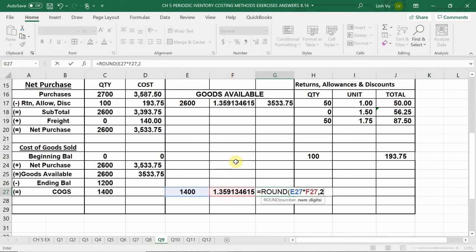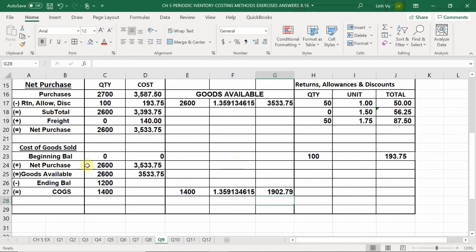And that total cost is going to be $1,902.79.